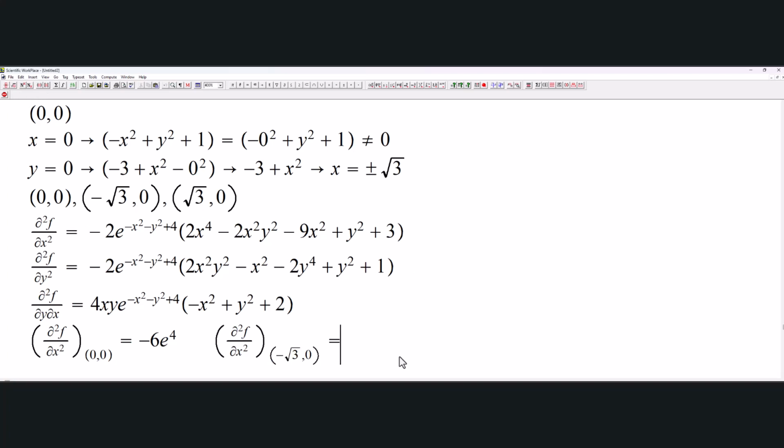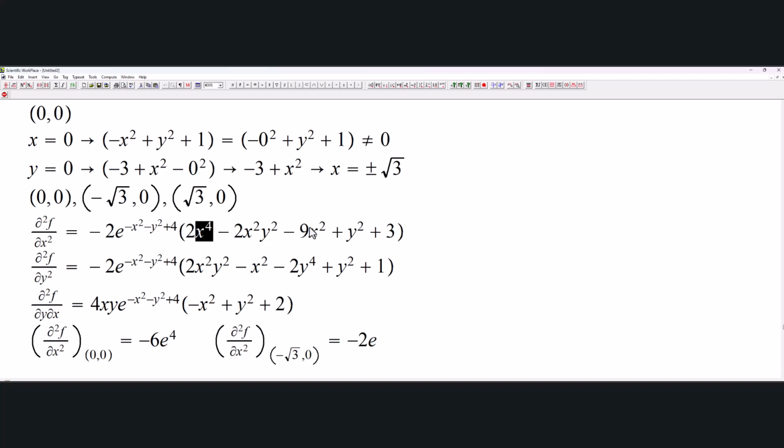So what is this going to become then? Negative 2, and here square root of 3 squared will be 3, so I get negative 3. This will be plus 4, so that will simply be 4e. And here square root of 3 to the power 4 will be 3 times 3 is 9, times 2 is 18, so I get an 18 here.